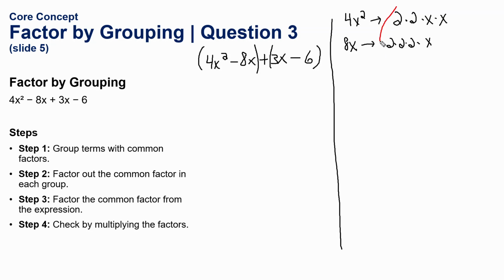So we'd have this 2 and this 2 and this 2 and this 2. So those two 2's. And then we also have an x term. Okay, badly drawn circles there, apologies. But basically our GCF then is going to be 2 times 2 times x, which is equal to 4x. Okay, so that is our greatest common factor for the first term groups.